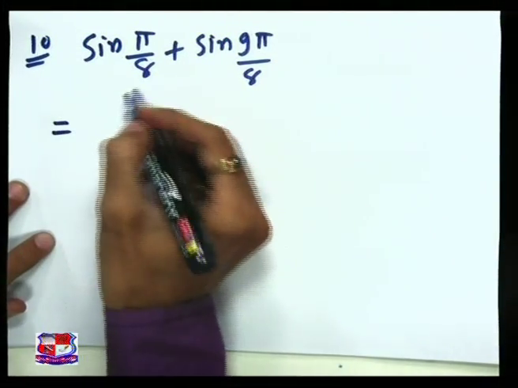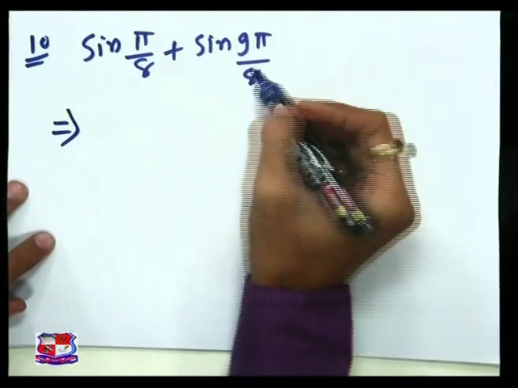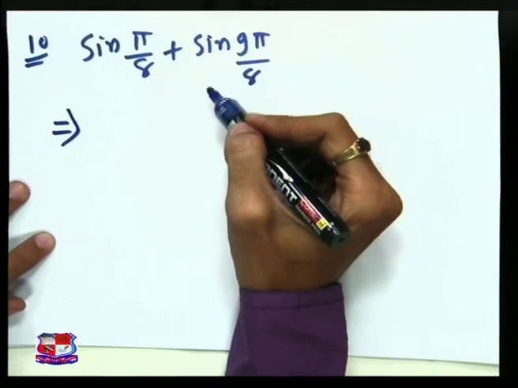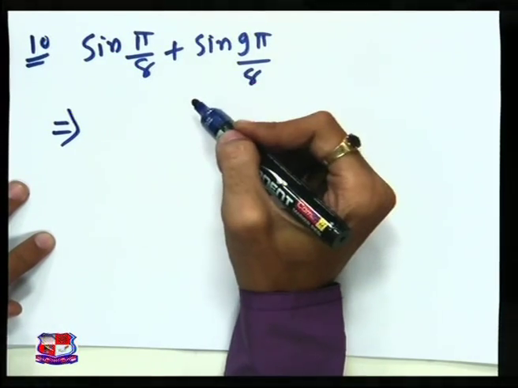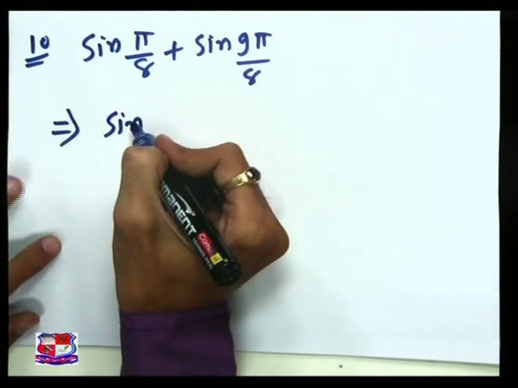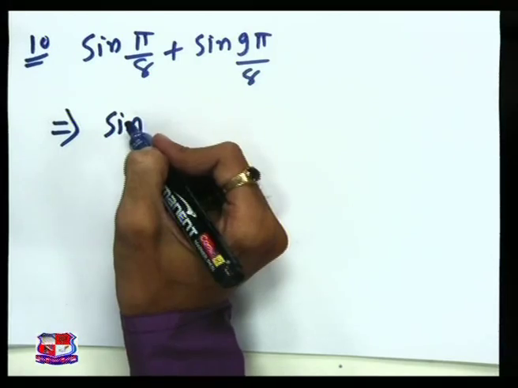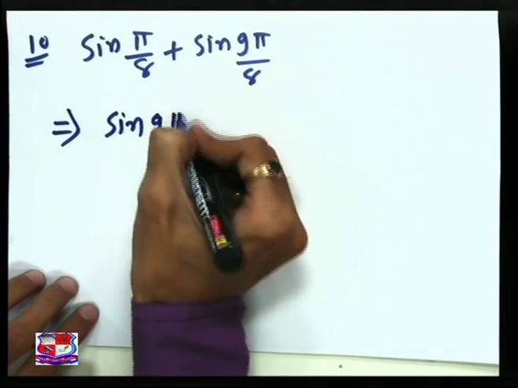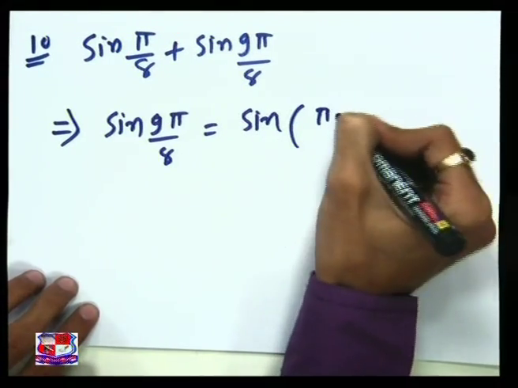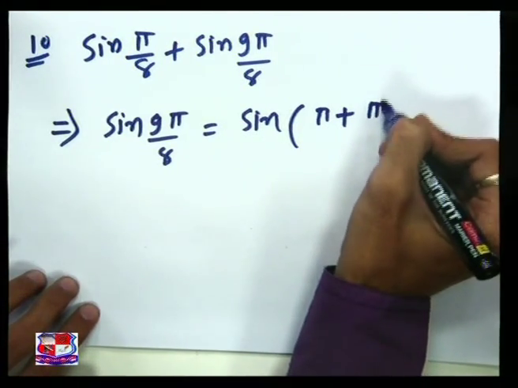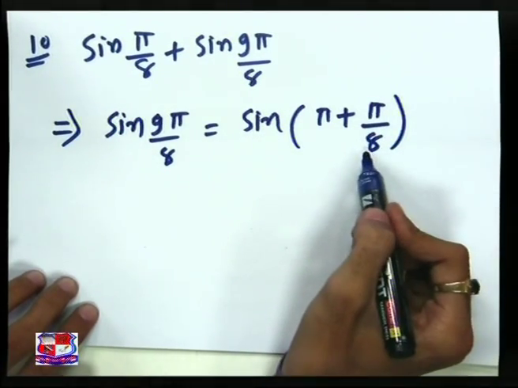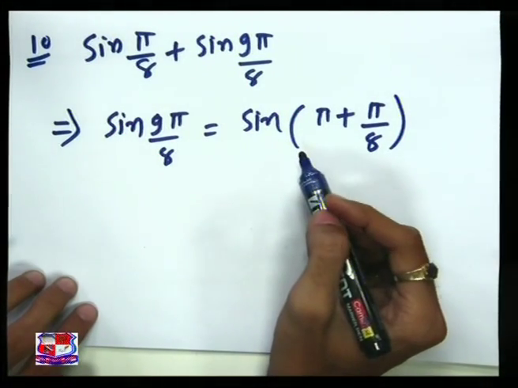Here first of all I want to find the value of sine 9 pi by 8, then I will put the value of sine 9 pi by 8 in this expression. So sine 9 pi by 8 is equal to sine of pi plus pi by 8. Okay, pi plus pi by 8 is equal to 9 pi by 8.